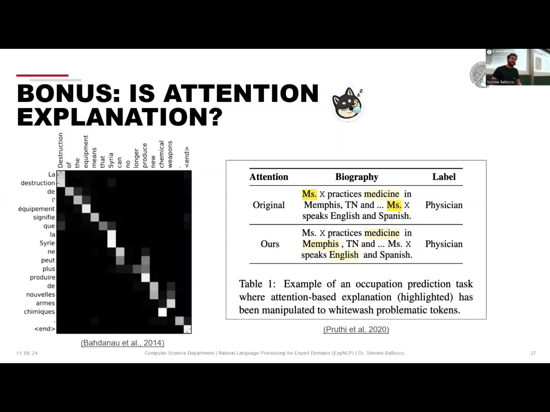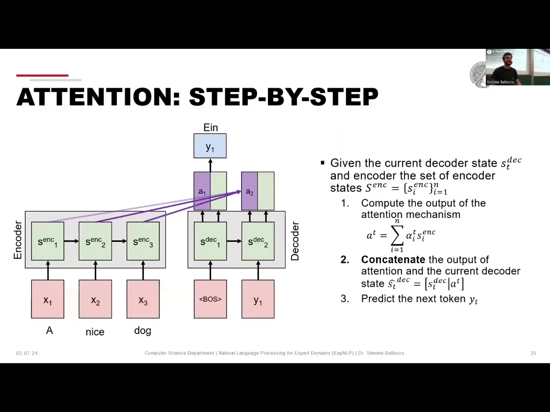Yes? About the architecture of the model, can we go back to the first one? Right, so the state of the encoder, for example the first state, gets fed to the second state and so on. It's just a normal RNN.